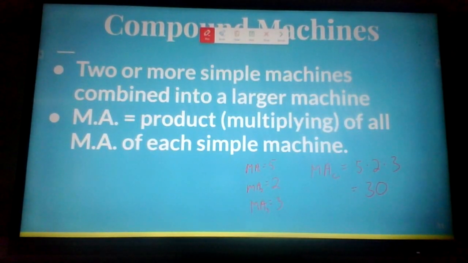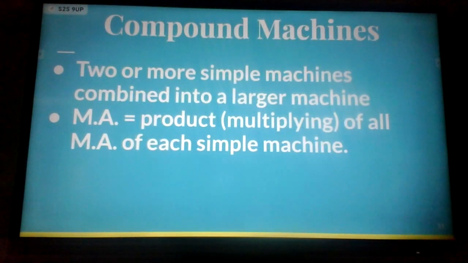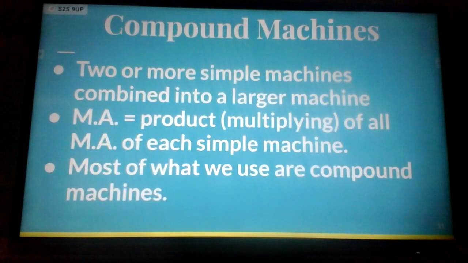And even if part of that machine has an MA less than 1, which could happen, we'd still multiply, but we're going to get an overall good mechanical advantage. And that's why your big compound machines make things so easy to do, because they're taking smaller mechanical advantages and multiplying them together into one large product. Most of what we use are compound machines, not simple machines. Okay? Which again, common sense.